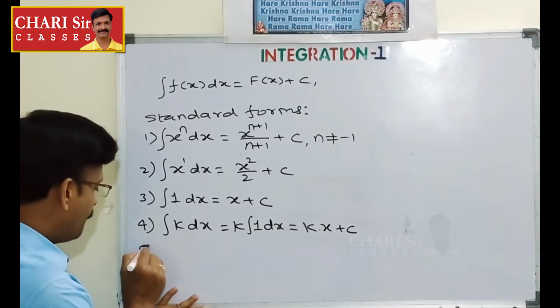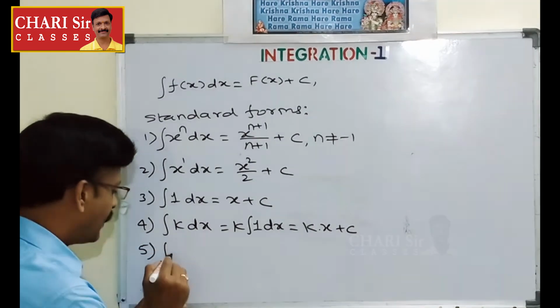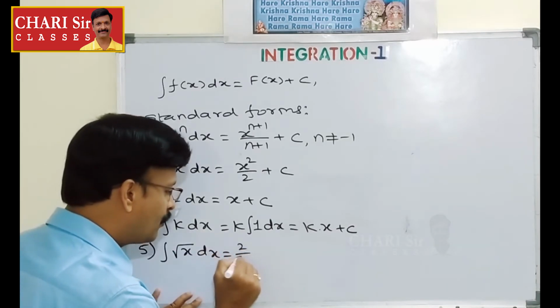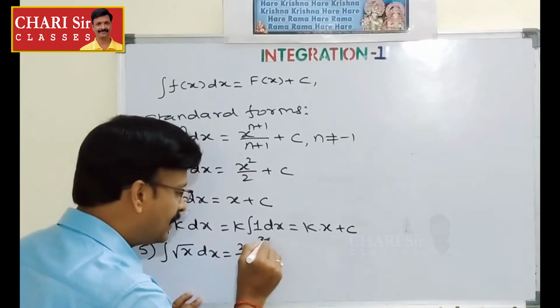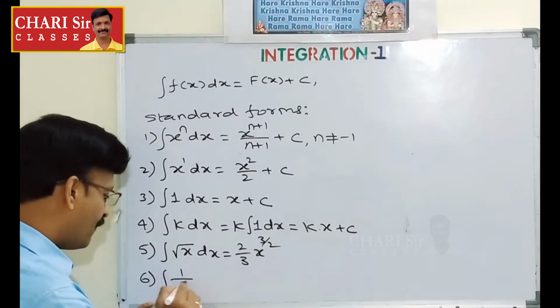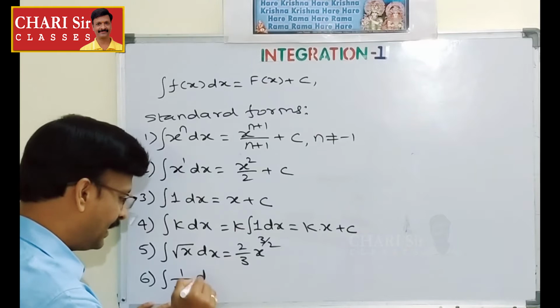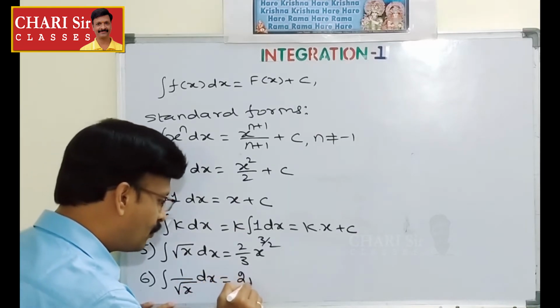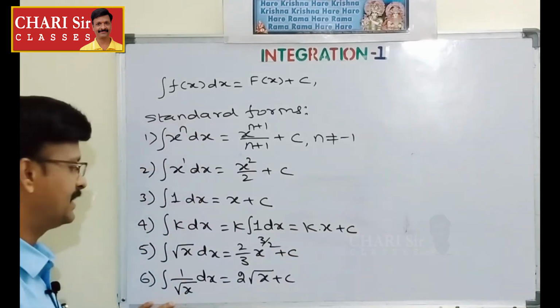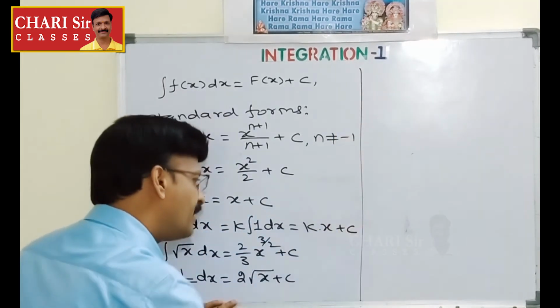And also integration of root x dx is equal to 2 by 3 x to the power of 3 by 2. And the sixth formula, integration of 1 by root x dx, is equal to 2 root x plus c. So here also we should write plus c. And some others are also there.